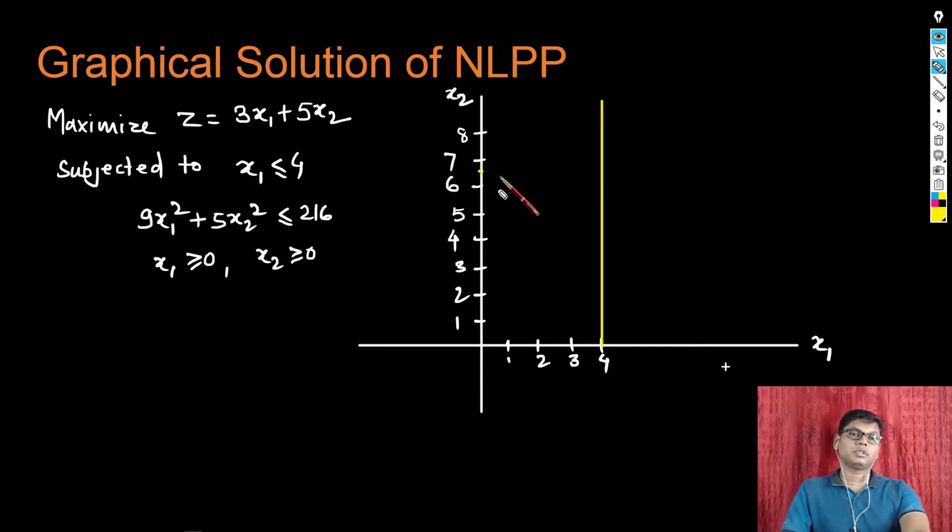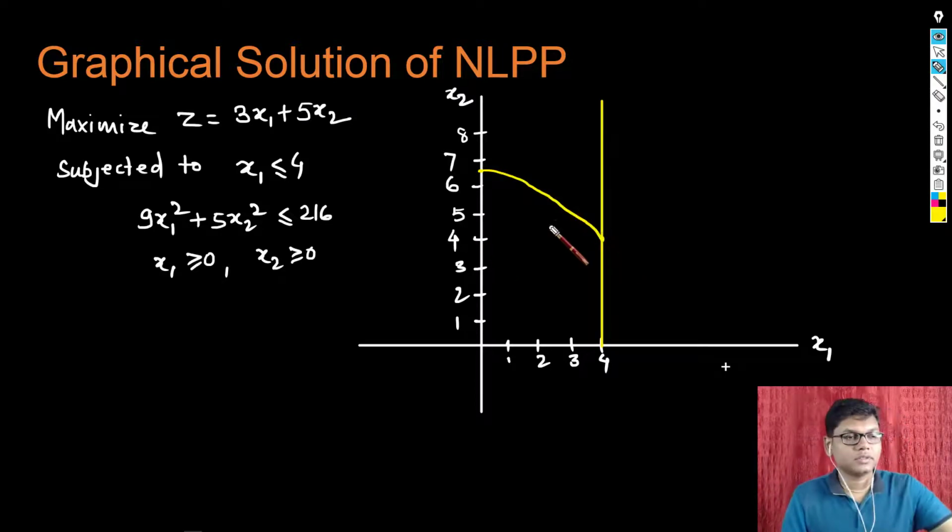Similarly, if you put x2 is equal to 0, then x1 will come root under of 216 by 9, that will be root under 24, which is around 4.9. So the curve will be basically like this, something like this. Okay, so this is the feasible region.